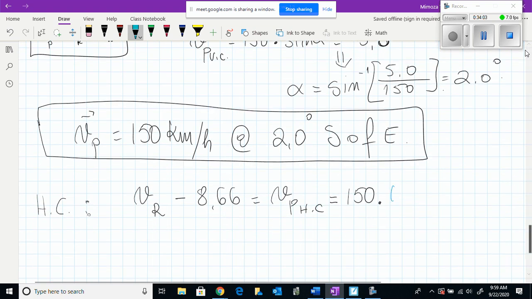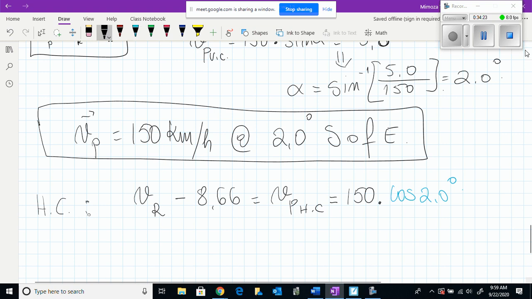So times cosine 2 degrees. Why 2? Because this is what we found. So 150 times cosine 2 degrees is 149.9, which you can say 150, it's fine.